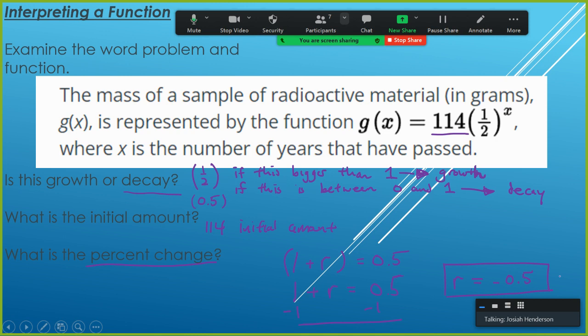And what is 0.5 as a percentage? We've done a lot of going from percent to decimal. My rate we just found is negative 0.5. Remember, the first two decimal places is the percentage. So looking at 0.5 here, 5 is part of that, and the next digit would be part of that.